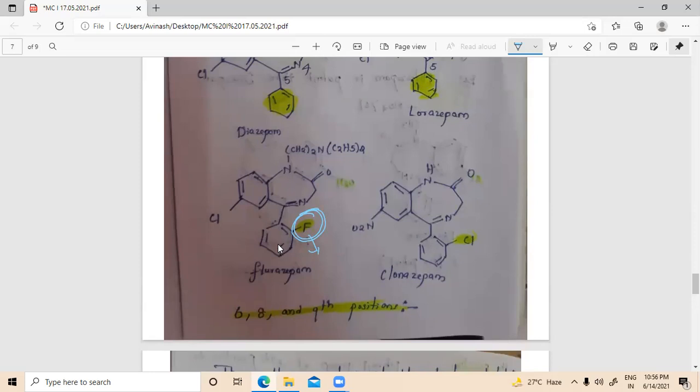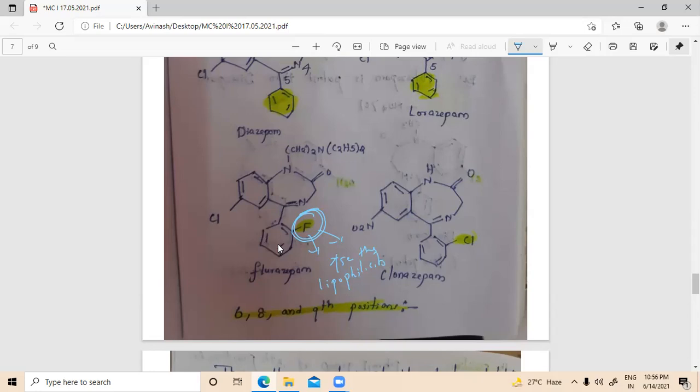If you introduce fluorine to the phenyl group at the fifth position of the benzodiazepine ring, this fluorine can increase the lipophilicity. If you increase the lipophilicity, definitely the drug can cross the blood-brain barrier and reach the central nervous system to show its biological activity.